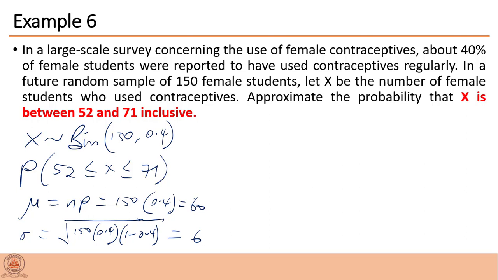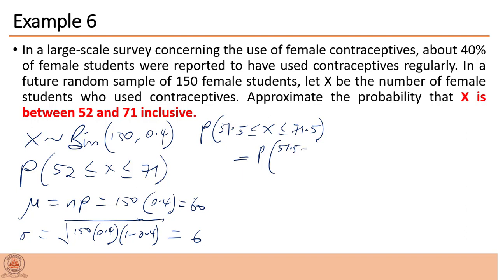Now, because of the continuity correction, we subtract half from the lower and add half to the upper end, and that will give us the probability of 51.5 less than or equal to x less than or equal to 71.5.